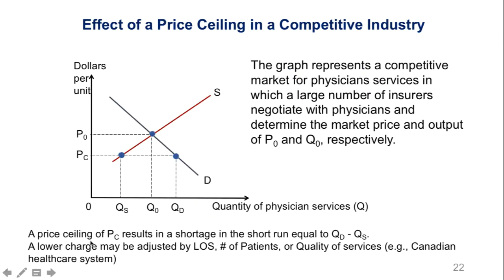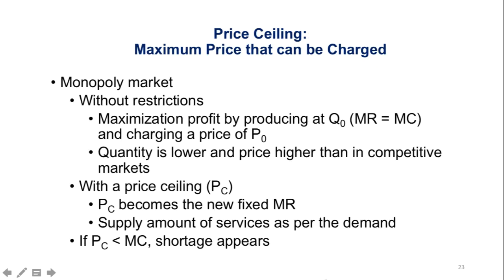So this price ceiling creates a quantity at the point where the monopoly is setting the prices and quantity. The price is not lower than the perfectly competitive market, but the quantity is lower than the perfectly competitive market.